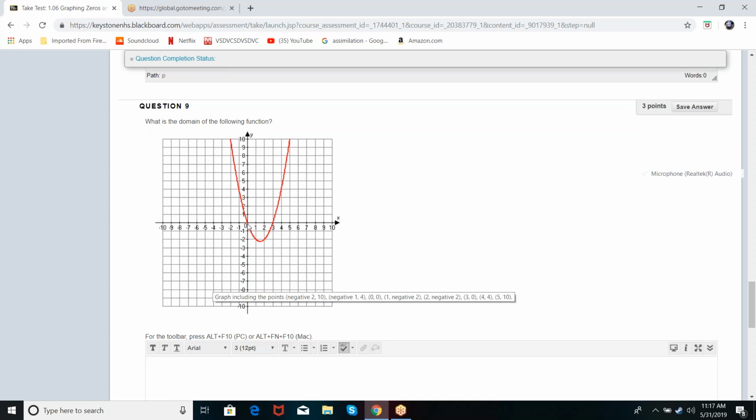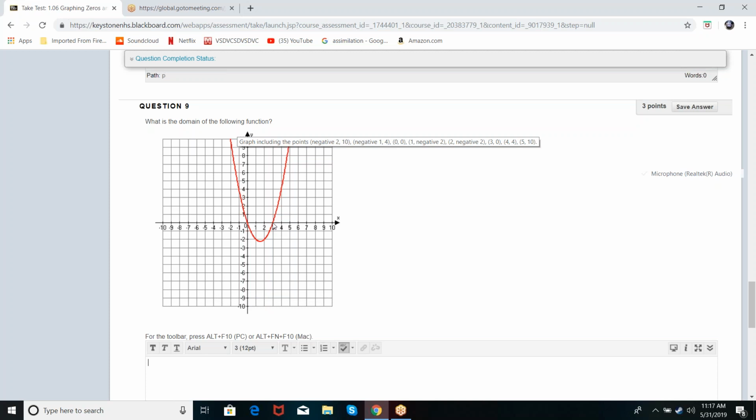Domain is the domain of the x values, where your eyes go left to right. The lowest possible value it could go to is -2. Well, -2 1/3 maybe, right? Yeah, probably.